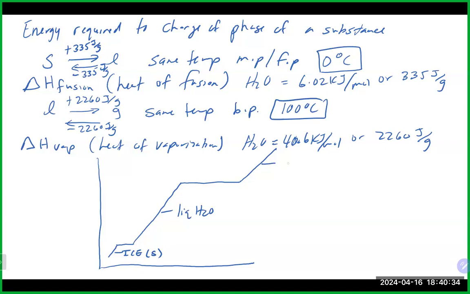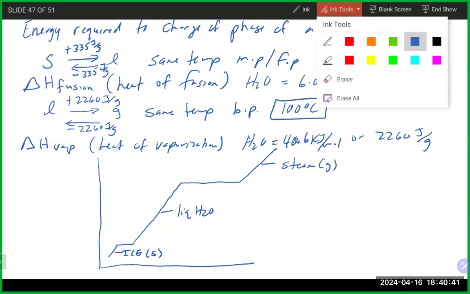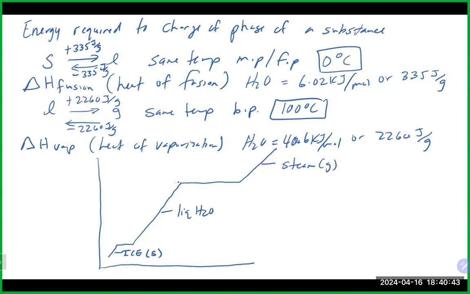And this line up here we'll say is steam, which is obviously the gas phase of water. That would mean that if we shoot across here, this would be 100 degrees Celsius. And if we come across here, that would be 0 degrees Celsius in this particular case. As you can see in this graph, the transition between liquid and gas is a flat line-ish, as flat as I could draw it. And the transition between solid and liquid, also a flat line.